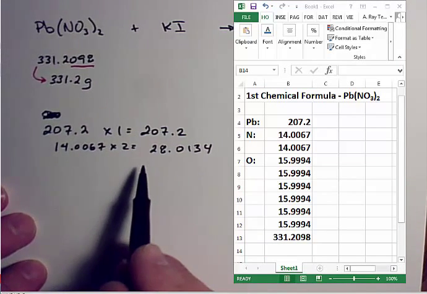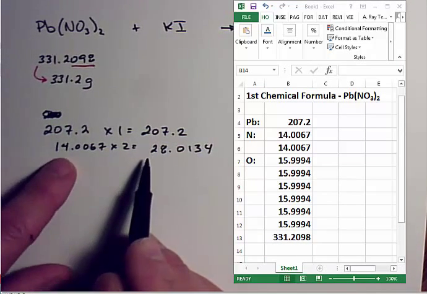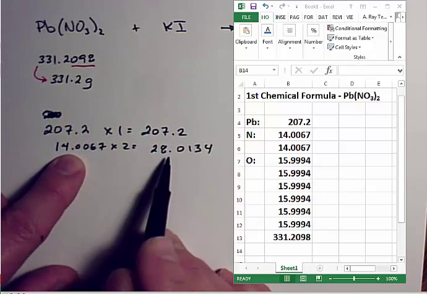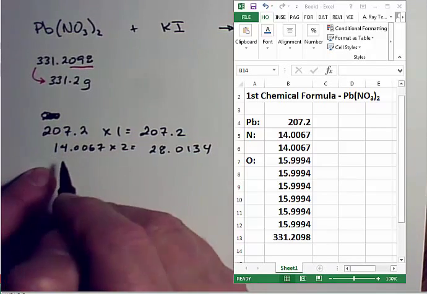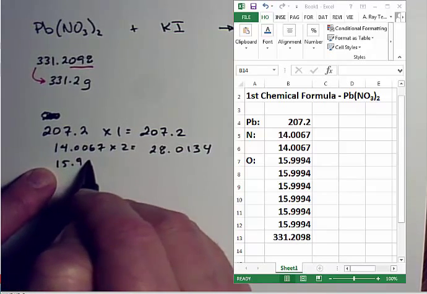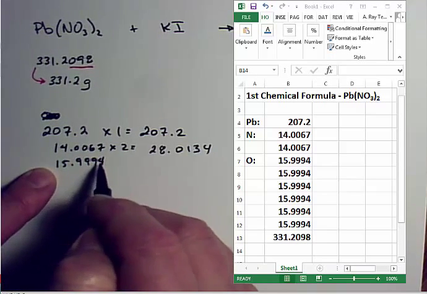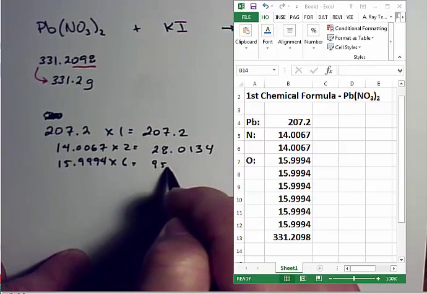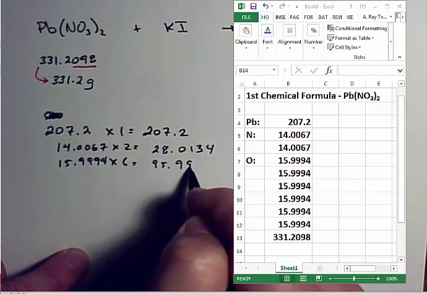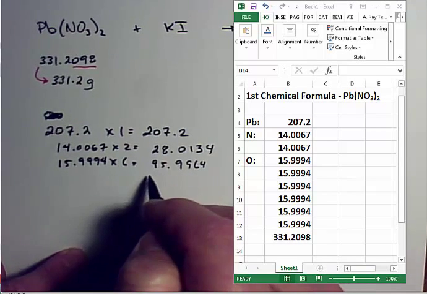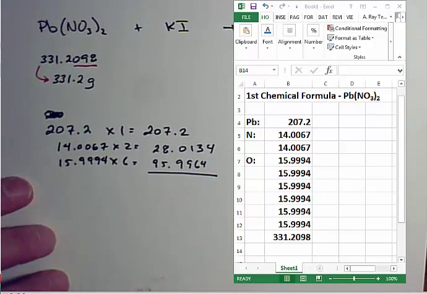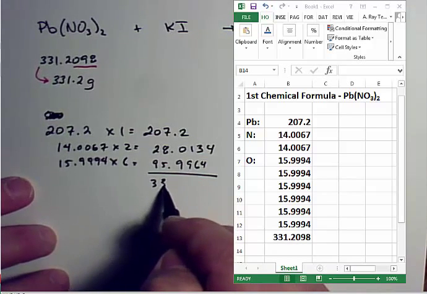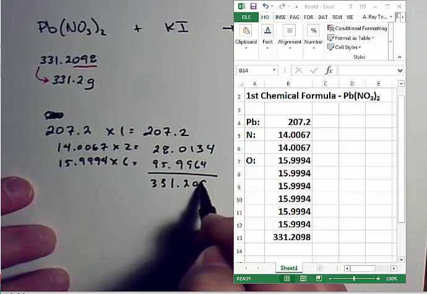So the sum of all the masses of the nitrogen is 28.0134, and oxygen's atomic mass is 15.9994, and there's 6 of those, so you could do this. 15.9994 times 6, 95.9964. And then you add all those up, you're going to get the same number. And you round it off.